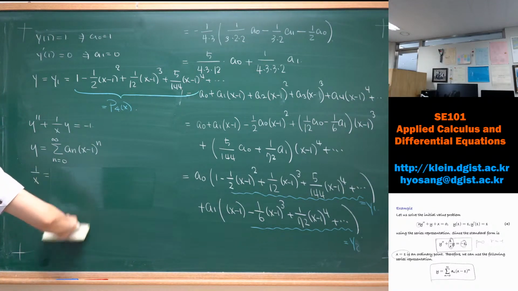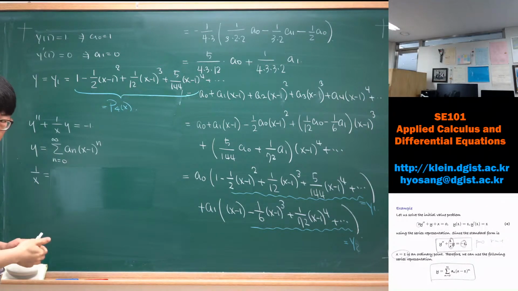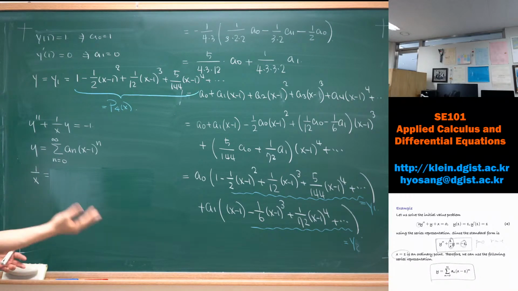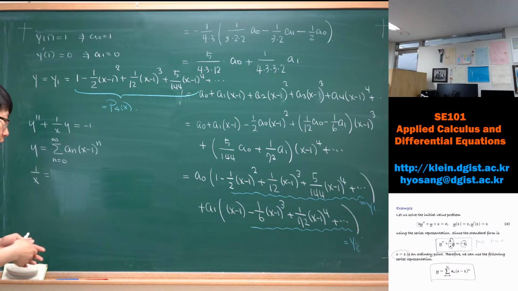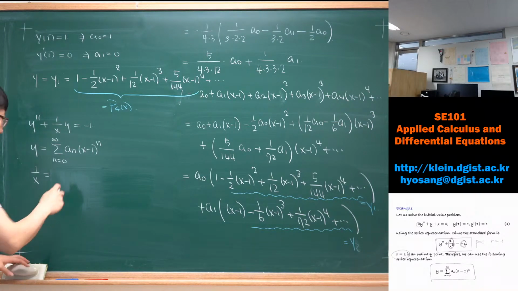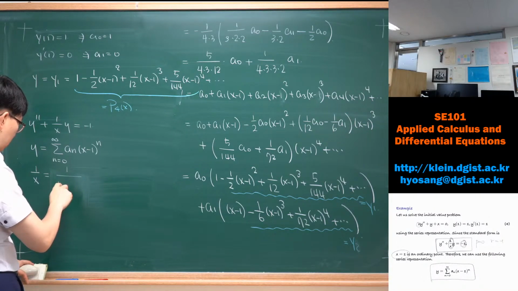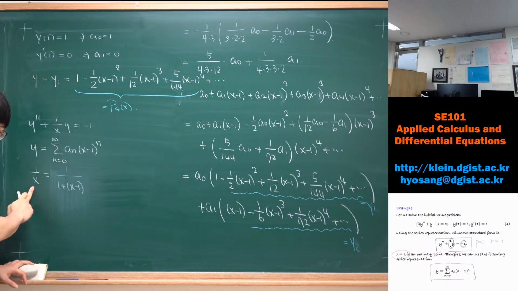When you have such a function, the simplest way, not the easy way, but the simplest way, is to take the Taylor series definition and plug in the numbers. You have a function and you have a derivative and you just plug in. The tricky way is to use this kind of formula. So you have 1 plus 1 minus x as x.